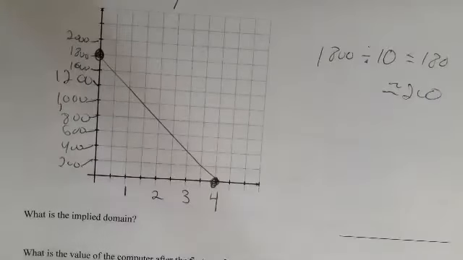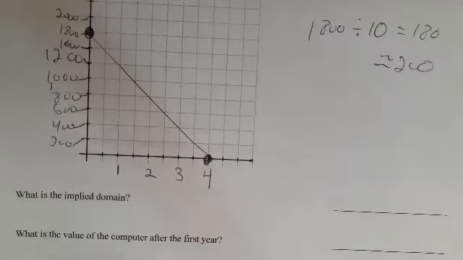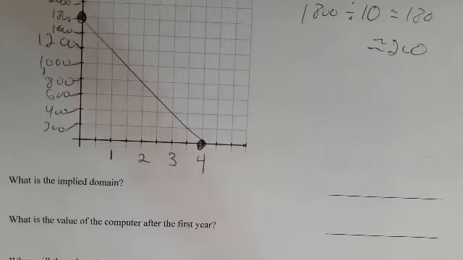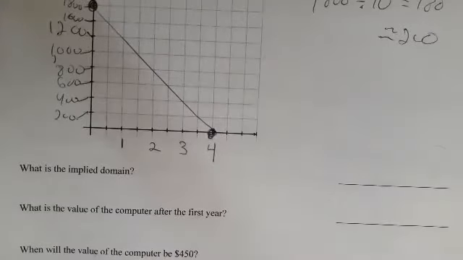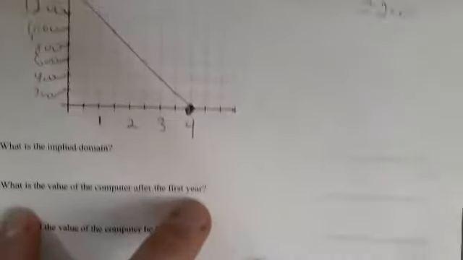After 4 years, it's going to be worth nothing. This is a reminder that when you draw a graph by hand, it is not the most accurate representation. If we're asking for a number, we want you to solve it symbolically. Don't just guesstimate a number off the graph.